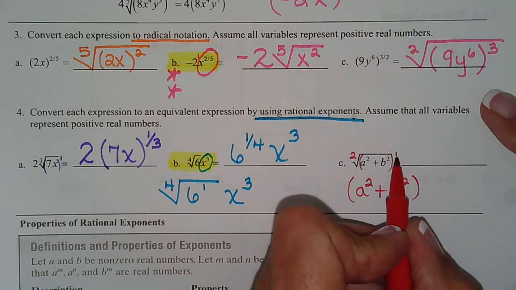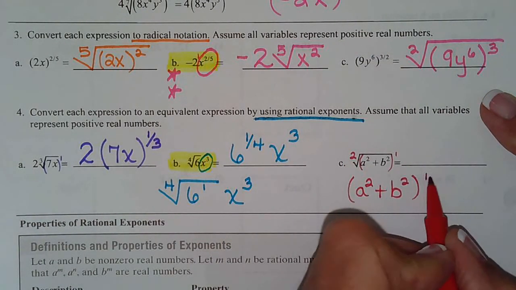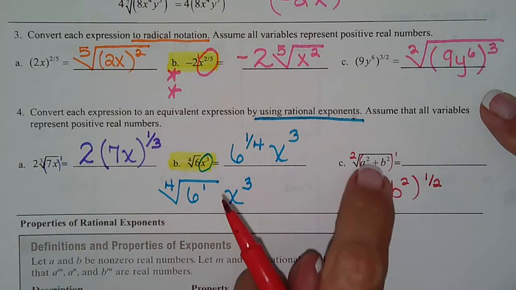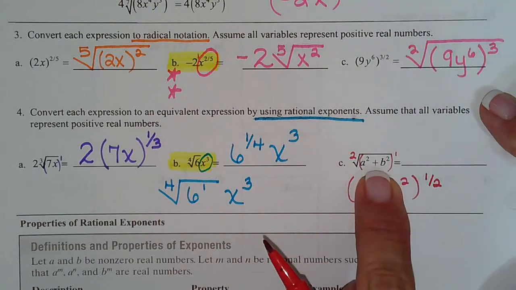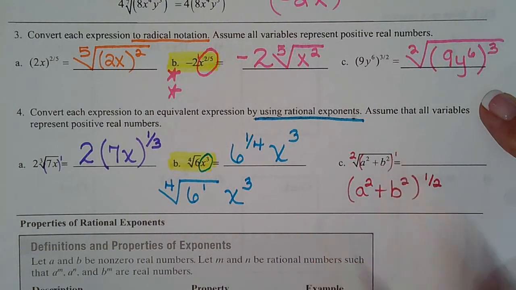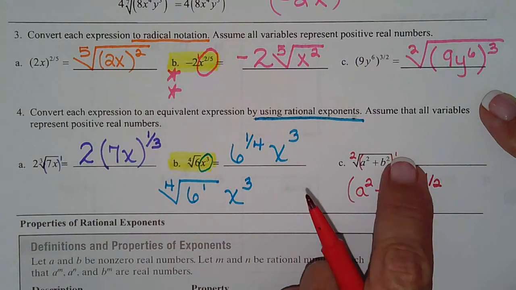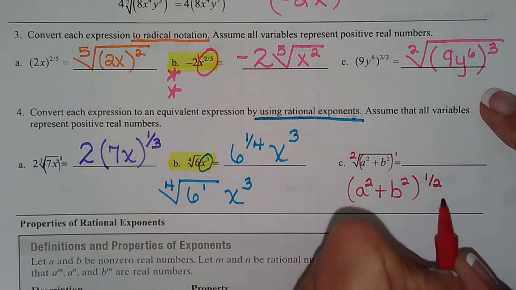So then that would be power over index. So we can't do each one separately, like 2 over 2, 2 over 2, because of the plus sign. So we have to treat it as one quantity raised to the first power, and then it's 1 over 2, power over index. And that would be your answer.